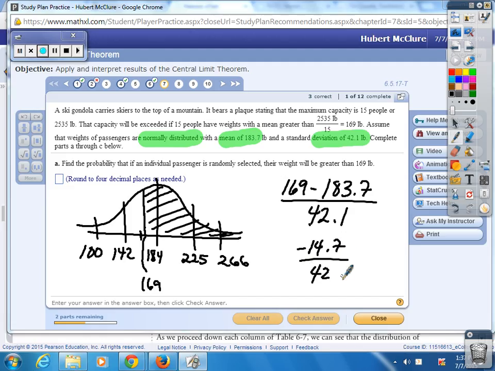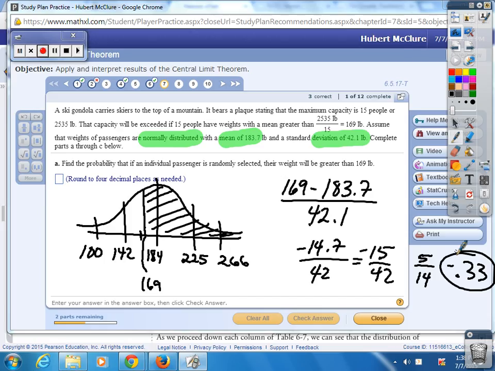Over 42, or 15 over 42. And I'm trying to see if anything will go in there. 3 go into this 14 times on it, so that's 5 over 14, which is 5 over 15. I'd say it's around 0.33. What is it? You know it's around negative 0.3 something.